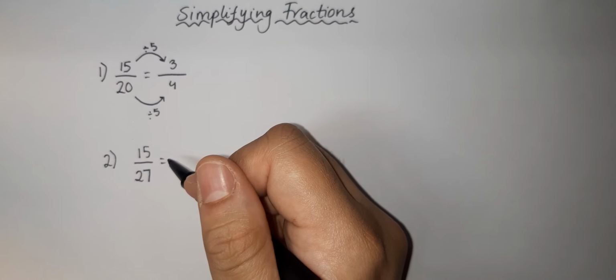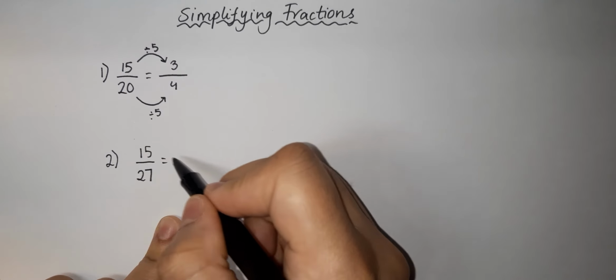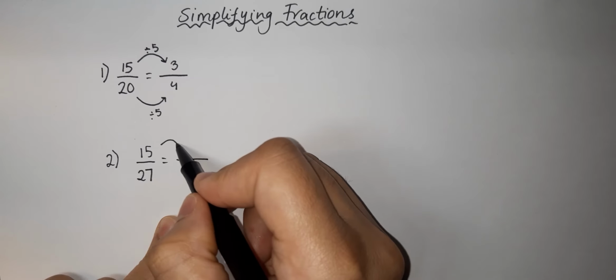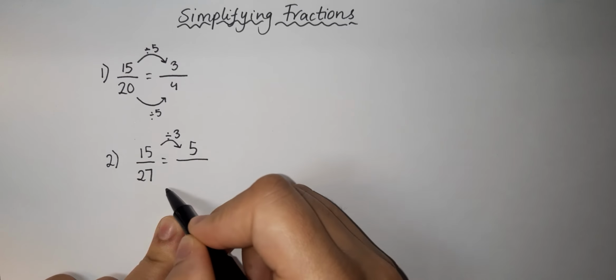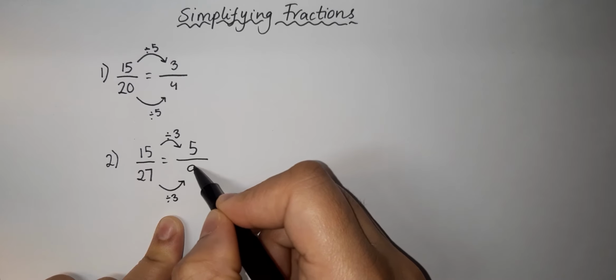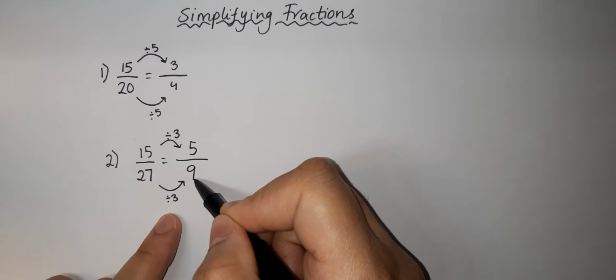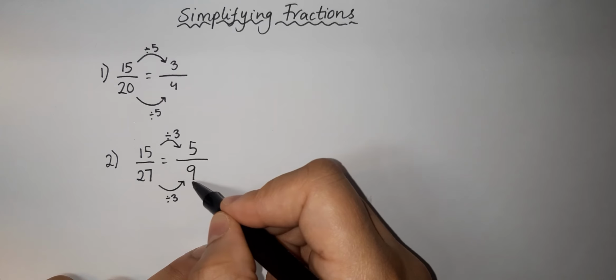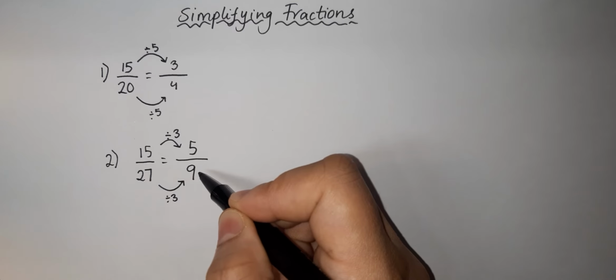And that number is 3. So if we divide 15 by 3, we would get 5. And if we do 27 divided by 3, we would get 9. So 15 over 27 simplified is 5 over 9. And the reason this is the most simplified version is because we cannot cancel down any further.